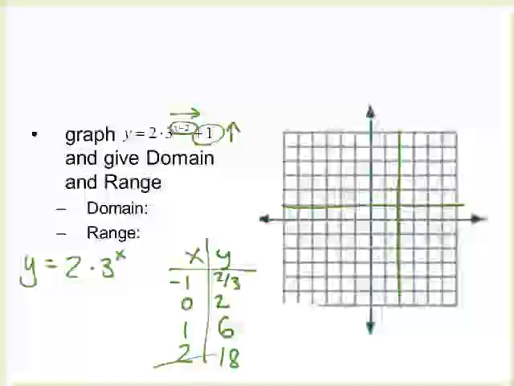From our shift lines then, -1, 2/3, not from the true origin, but from the shift lines. Over 0 up 2, and over 1 up 6. Now remember, it's going to follow along our shift line, not the true axis, but where we bumped the axis up or down to.